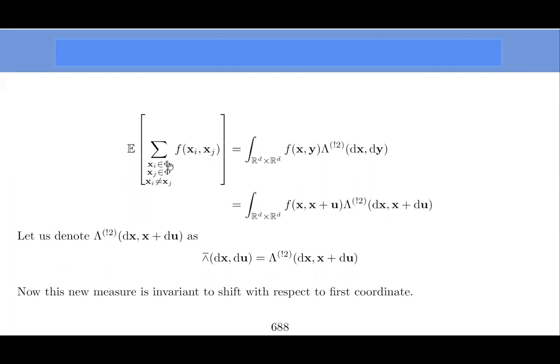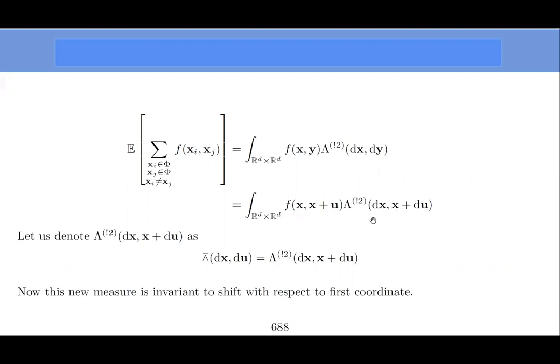If I look at the expected value of the number of distinct pairs, that is, the expected value of the summation of a function over distinct pairs, then it is equal to the integration of f(x, y) over the second moment density, dx, dy. Now, instead of y, let us put x plus u. I substitute x plus u for y.